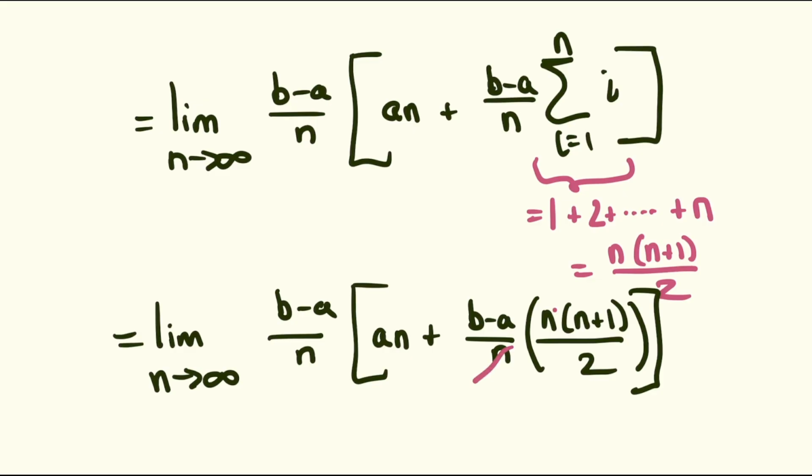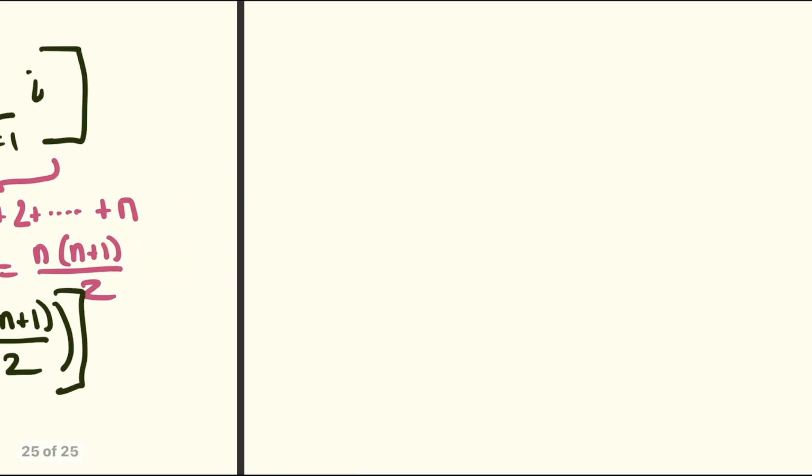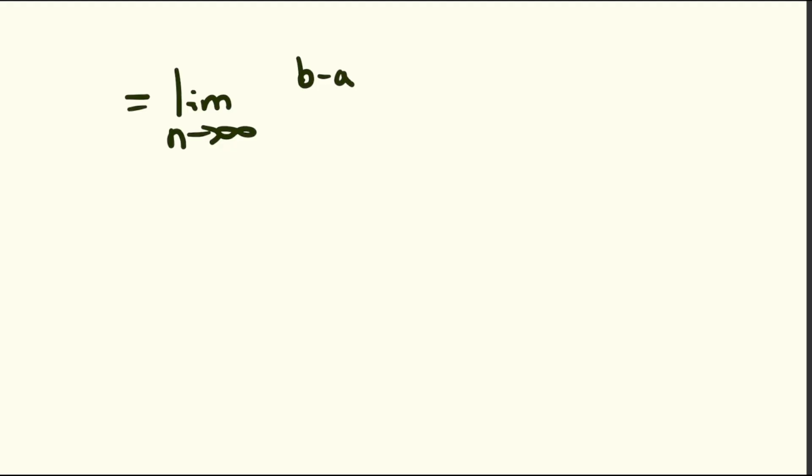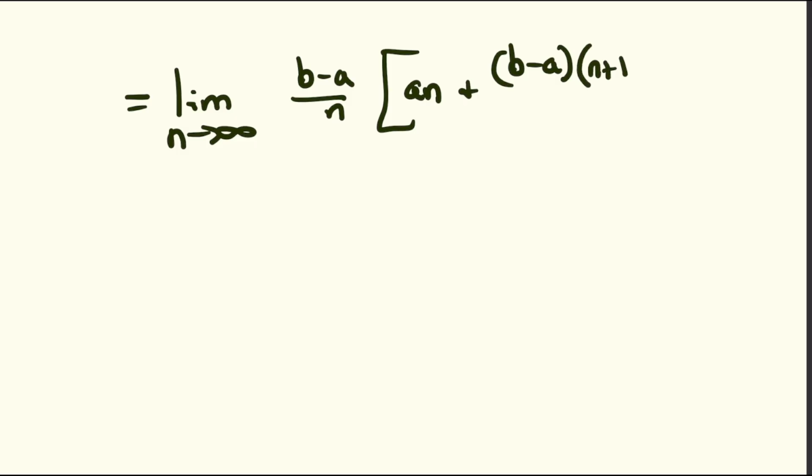We'll notice we can cancel out our n's, which makes this a little bit nicer. So now we have the limit as n goes to infinity of (b − a)/n, and I'm going to squeeze everything into one bit on the numerator of the second term.